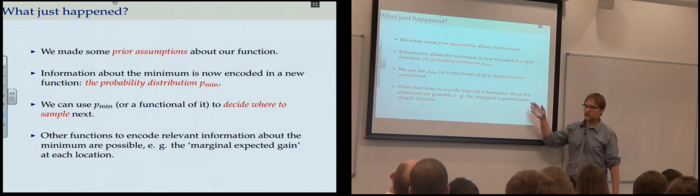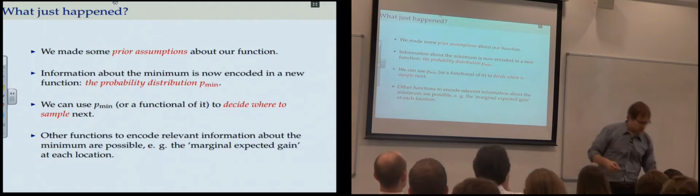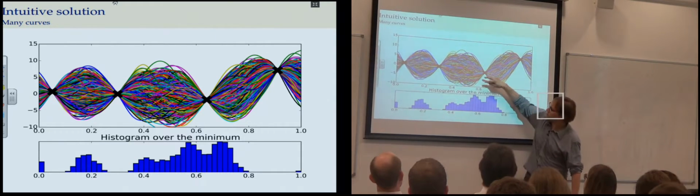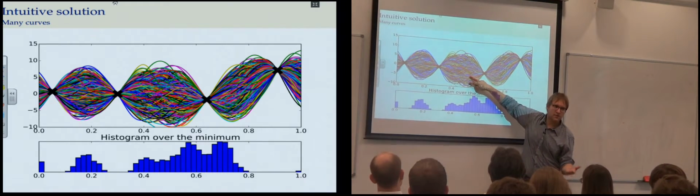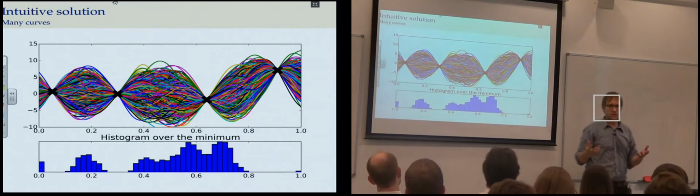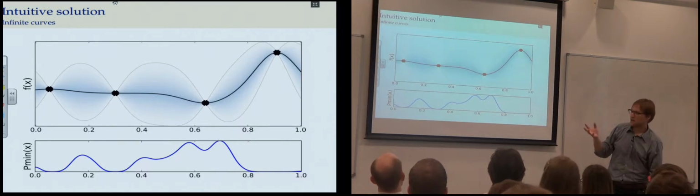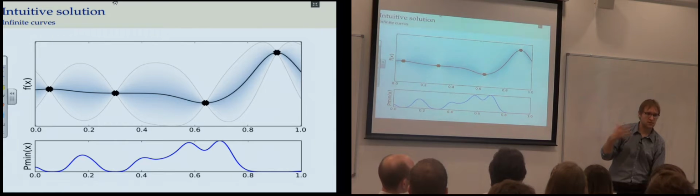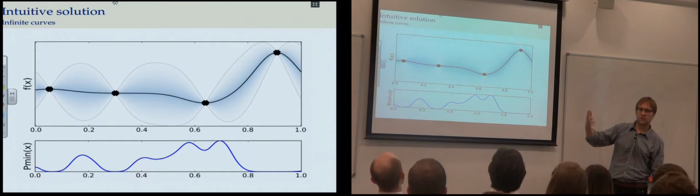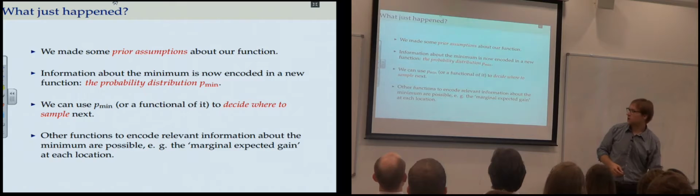I'm using here the distribution over the minimum, but when I simulate these functions, I can also compute the relative gain that I expect to have with respect to the current minimum, and you would be deriving something like the expected improvement that David was mentioning yesterday. I'm using the distribution over the minimum because I think it's very natural to understand the intuition about Bayesian optimization, but essentially you can use other forms and other features of these samples that you have.